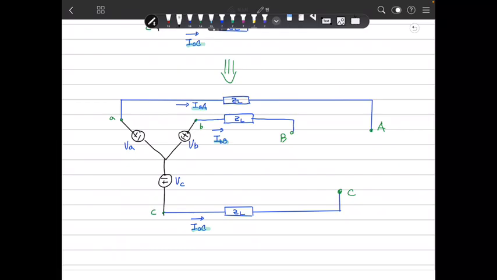We can change this in this manner. This is a GY, and GY. Then if load is balanced, this is Y delta to Y transformation.